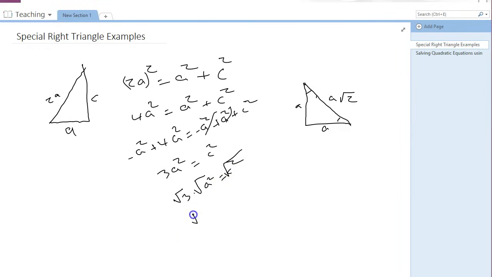Okay, we repeat this, and this becomes A root 3 equals C. So C is equal to A times root 3. That's A root 3. All right. So let's do some examples here.